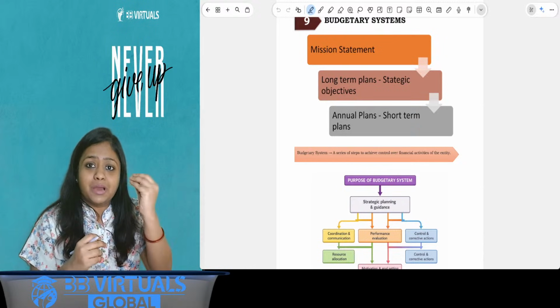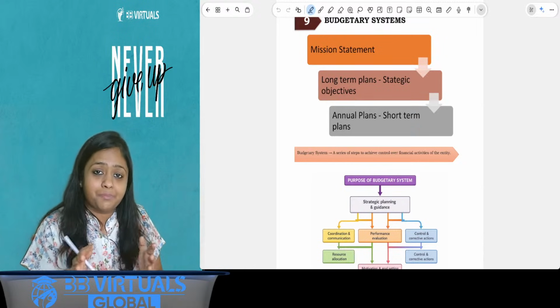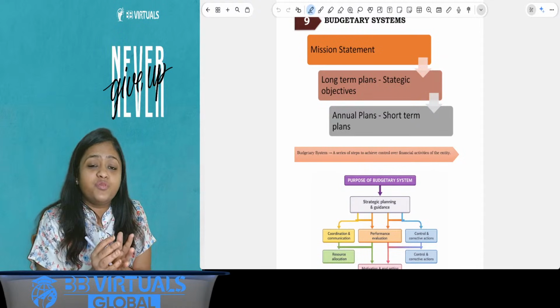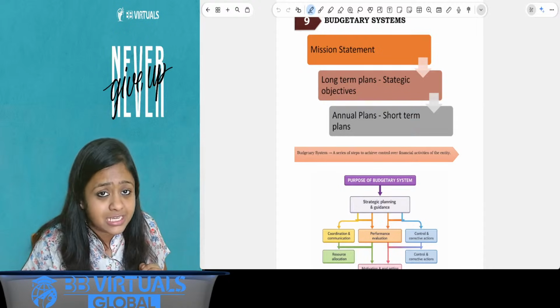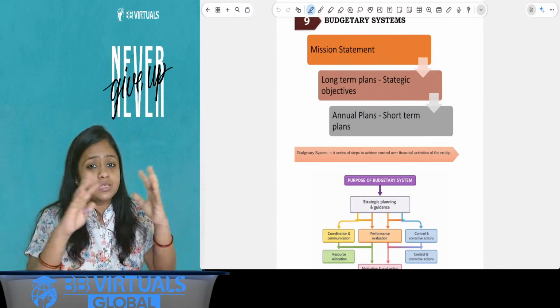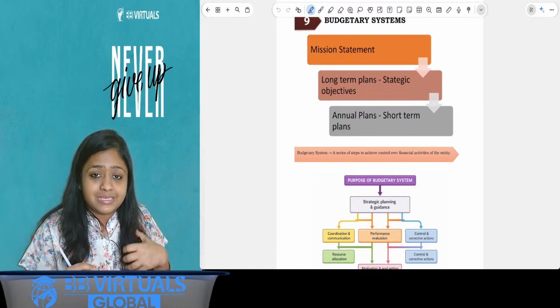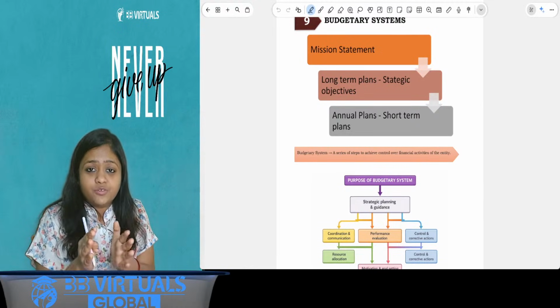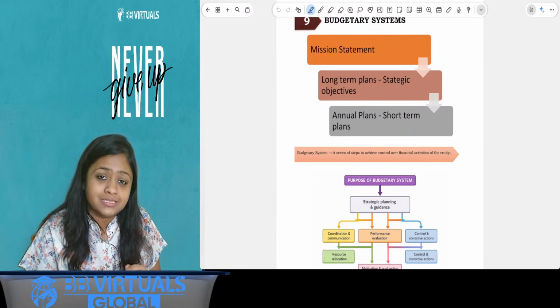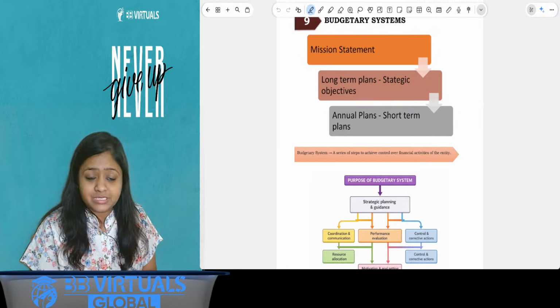And entities' budgets don't come directly just as a budget statement. They are basically a refined or filtered form of the mission that the entity has prepared. So the entity always fixes its mission statement. That's a broader picture. Then it shrinks them into the long-term plans, around 5 or 10 years, that we also call strategic objectives.